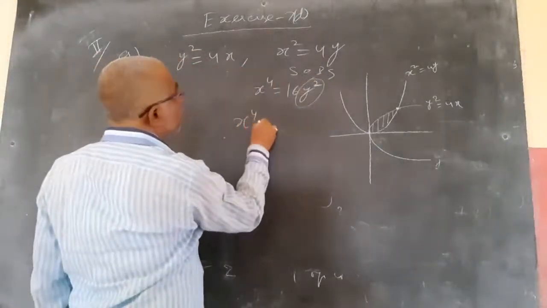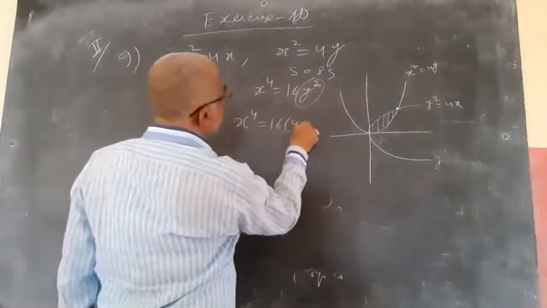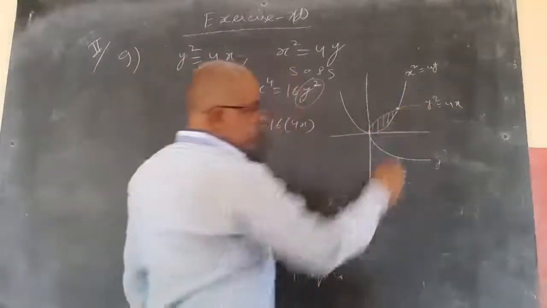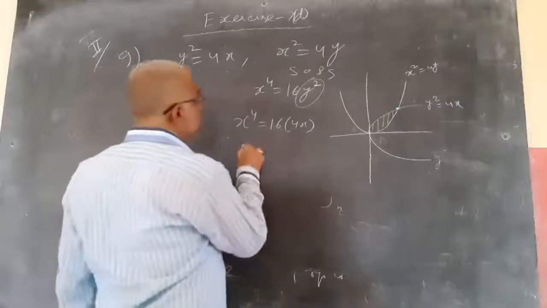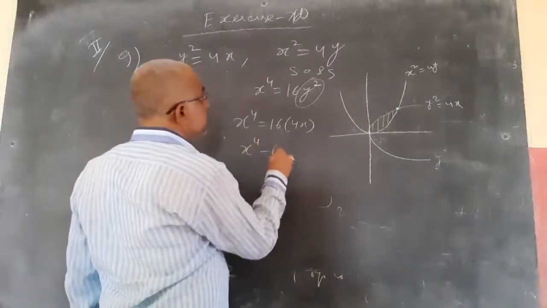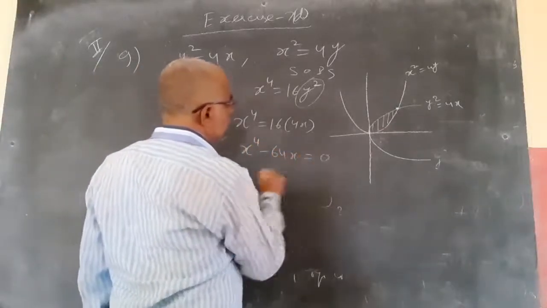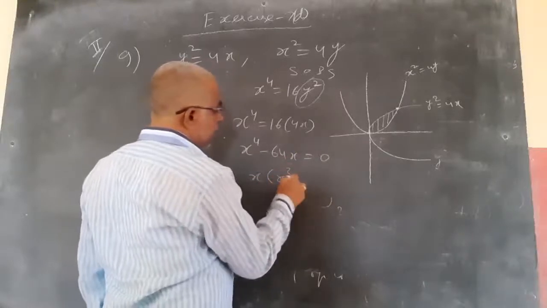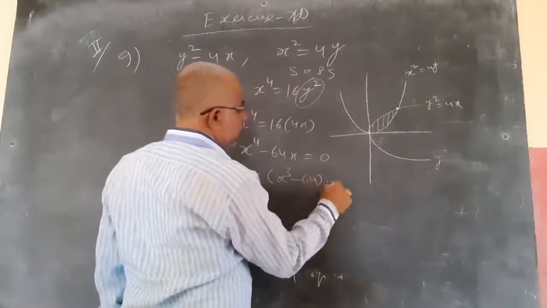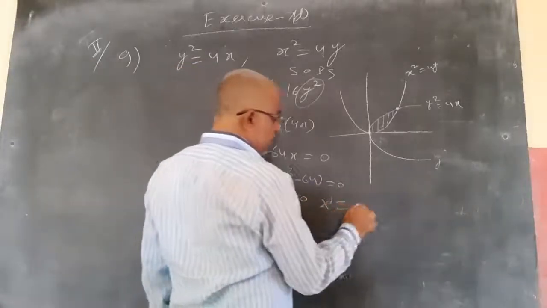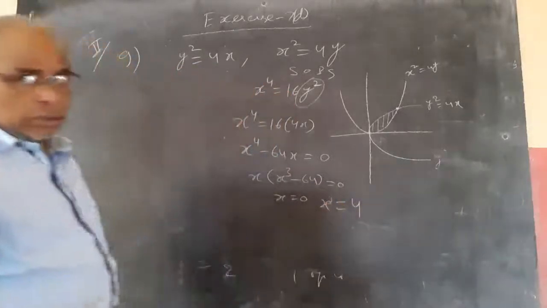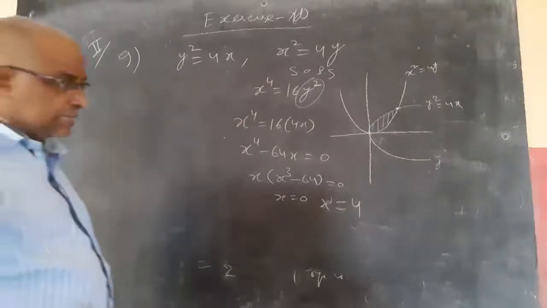So x power 4 equal to 16 into 4x, because at this point both the curves are intersecting, so both are equal. So x power 4 minus 64x equal to 0. By taking x common, x equal to 0 or x cube equal to 64, which implies x equal to 4.